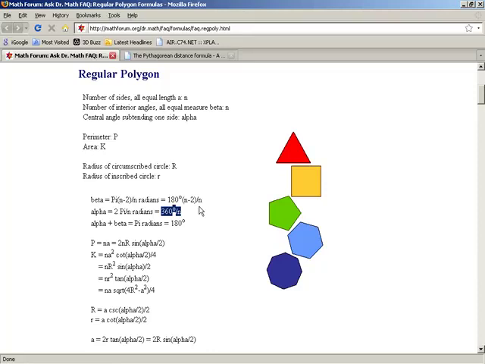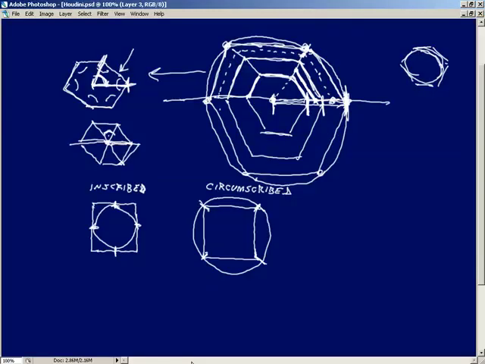We have the number of columns, and that tells us how many sides we have. So we have that information: 360 over n. Let's jump back over here to the whiteboard. And of course, we have to remember that the regular polygon extends through 360 degrees and not just the 180 that we're creating. So alpha is going to be equal to 360 over n.